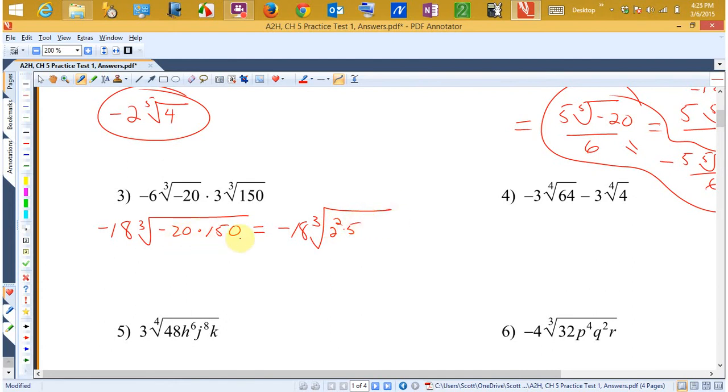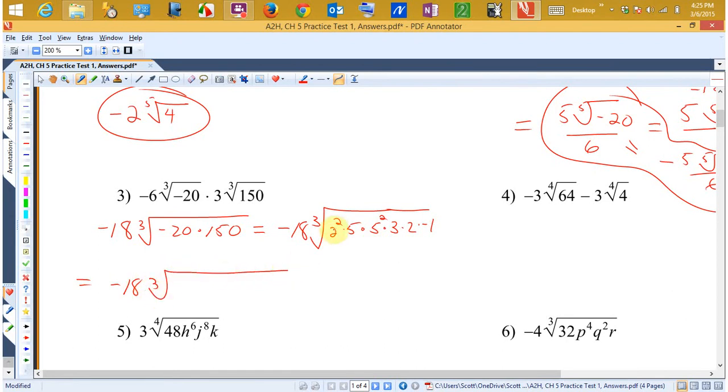And then we have 150, and that's going to be 5 times 5, so that's 25 times 6, so I could say that's 5 squared, and 6 is 3 times 2. So I've got 25 times 6, and I've got 4 times 5, so those are right. And then I'm also going to put times a negative 1 for that negative, and let's see what we can get out of there.